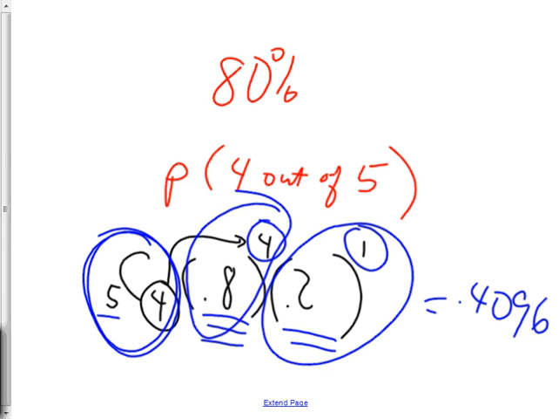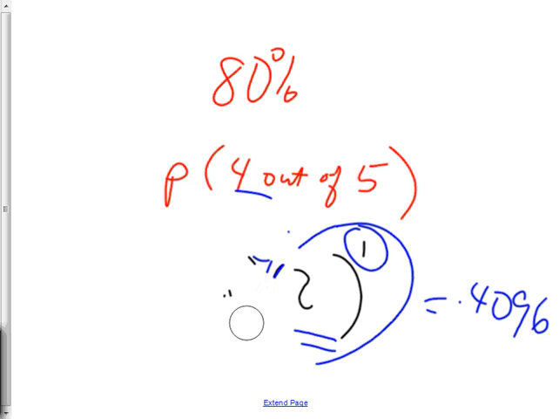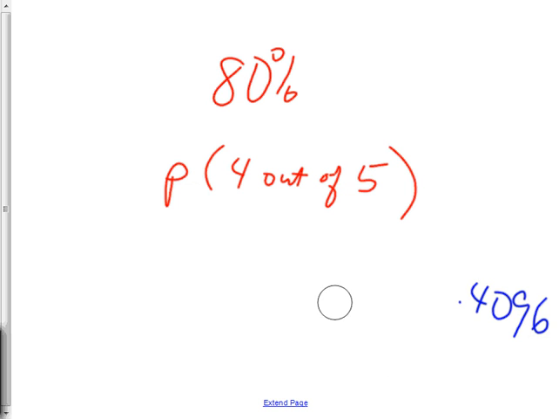Okay, so what about the same kind of thing, except what if I say, what's the probability I'll make at least 1? Then I'm really saying 1 or 2 or 3 or 4 or 5. But that is really slow to have to figure out each one of those and add them all up.